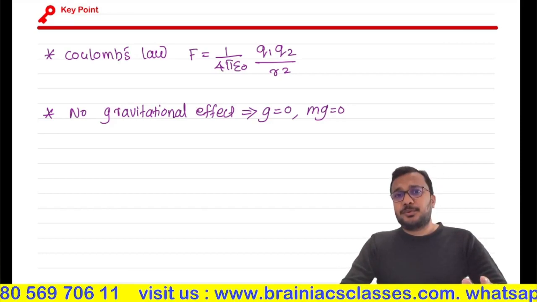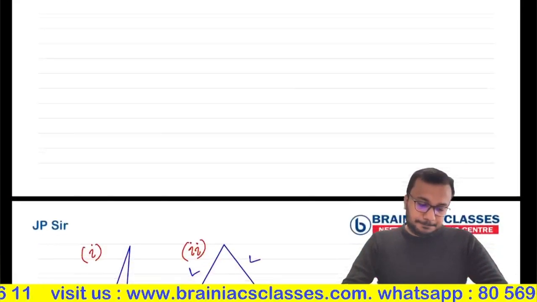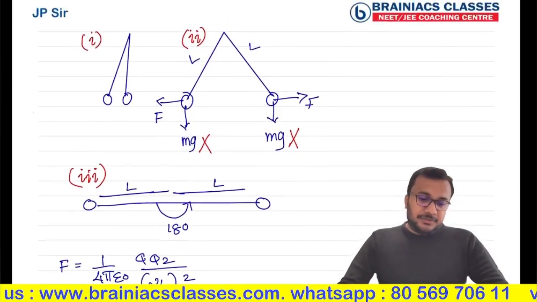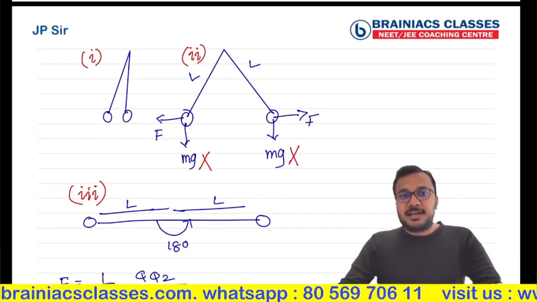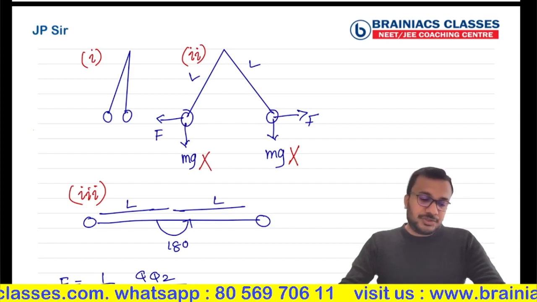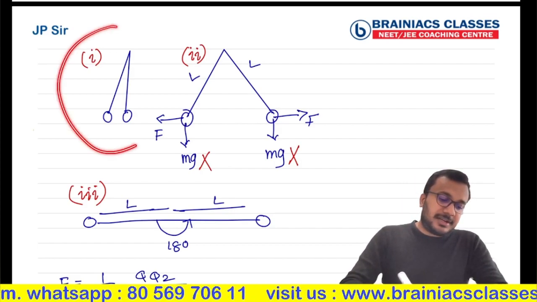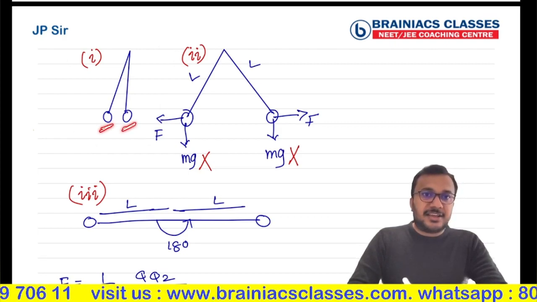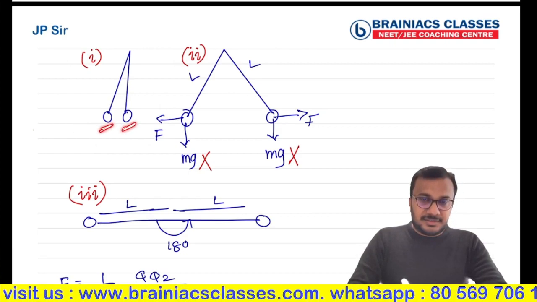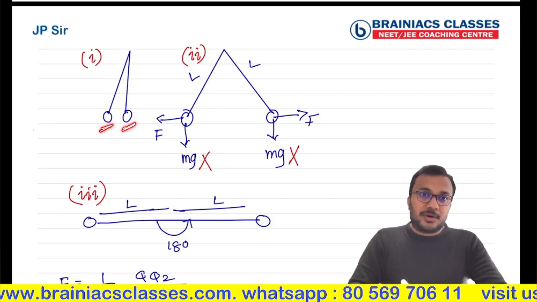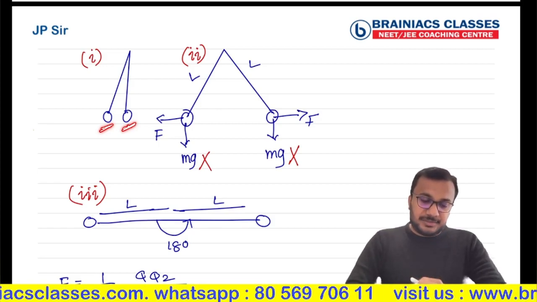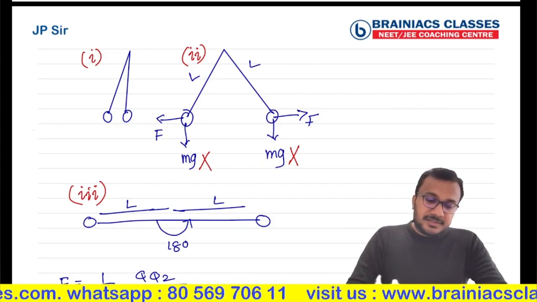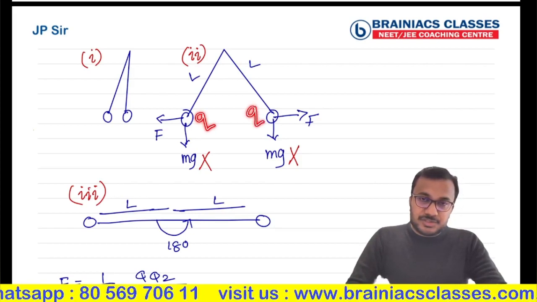Next, we are going to analyze this part. We have three sets of diagrams drawn, so don't get confused. This is the first set of the diagram, which is given in the question. It is like two threads hanging over here. Next, we are analyzing what will happen. As I told you, this is a positive charge and this is a positive charge.